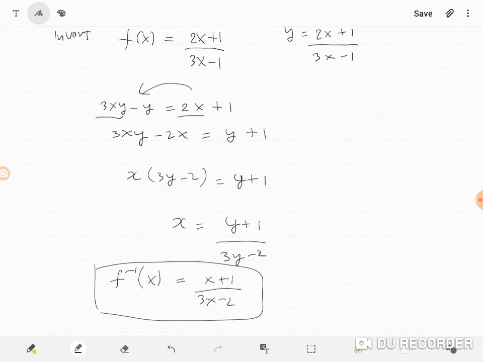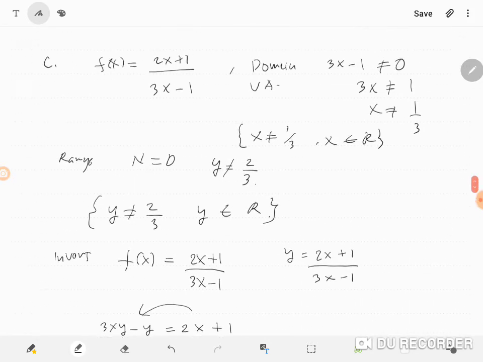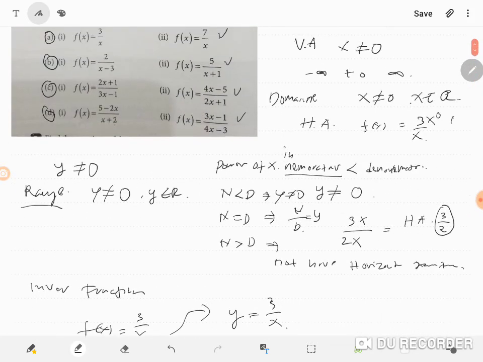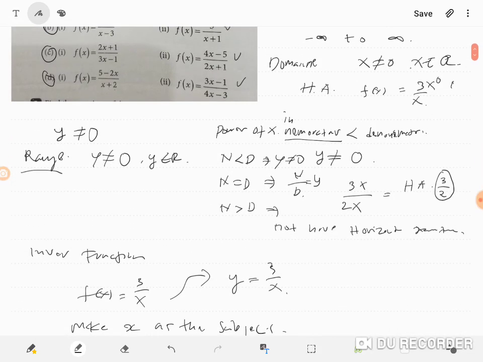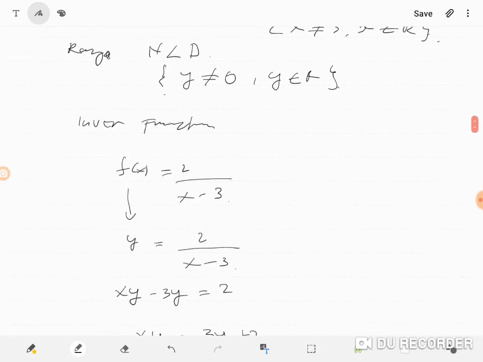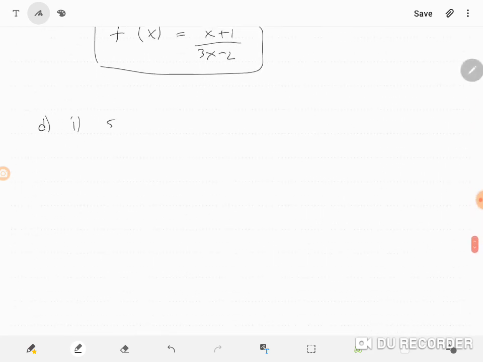Okay, now how about question D? f(x) equals 5 minus 2x over x plus 2, right?